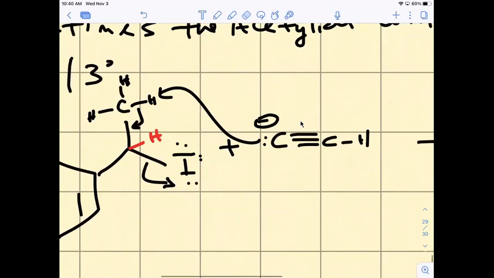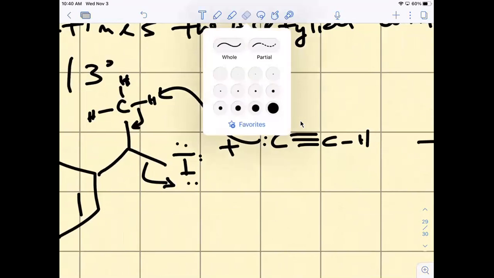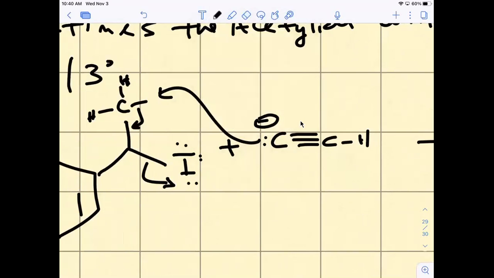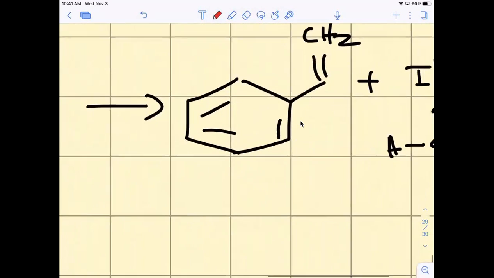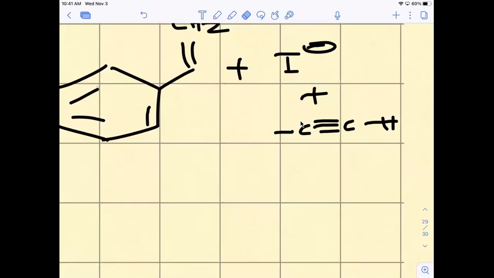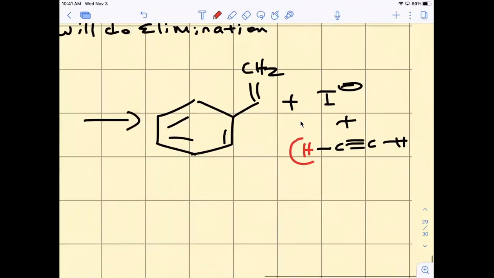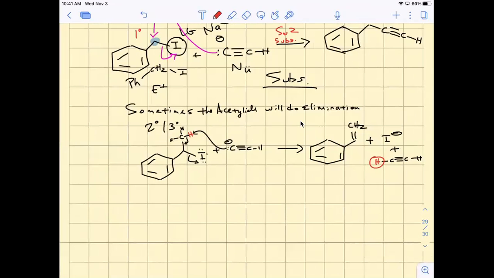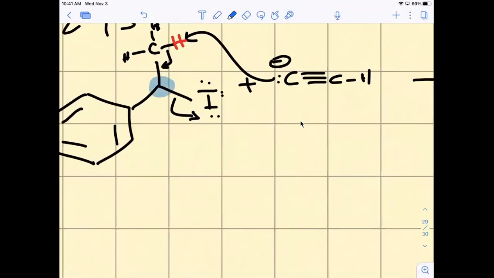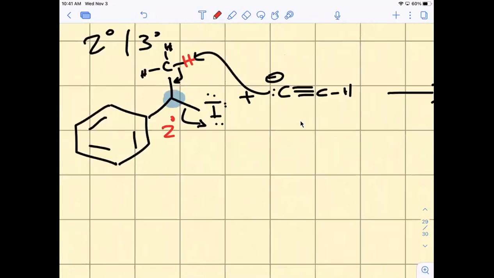Actually, I'm gonna make this one red, so you can see. Right. So if the acetylide is used in the presence of a secondary or tertiary carbon, this carbon right here is now secondary, where my leaving group is. Then it ends up doing elimination.